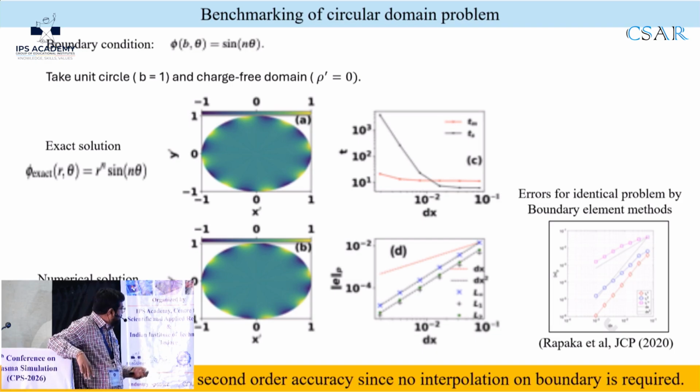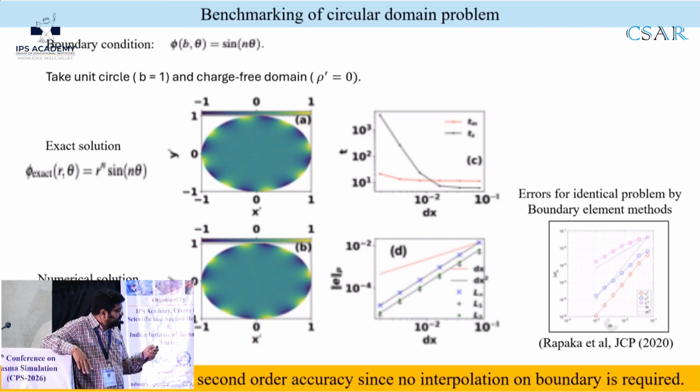For this you have an exact solution, and our numerical solution matches well with it. Again, if you see the time comparison, you get a significant speed up, because multigrid is helping us develop that fast Poisson solver. And interestingly, when you look at the error analysis, even if the boundary is curved, the error is still scaling with second order accuracy.